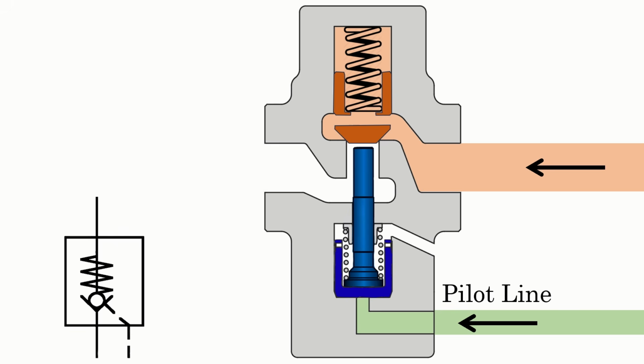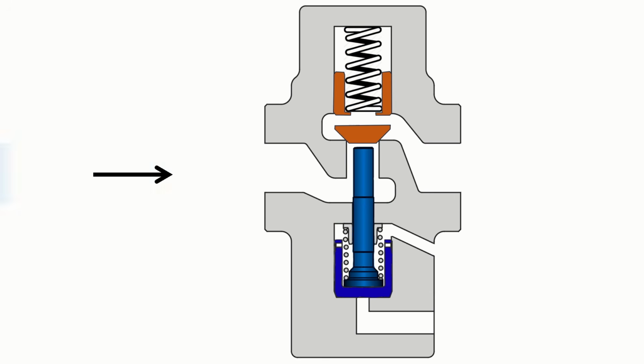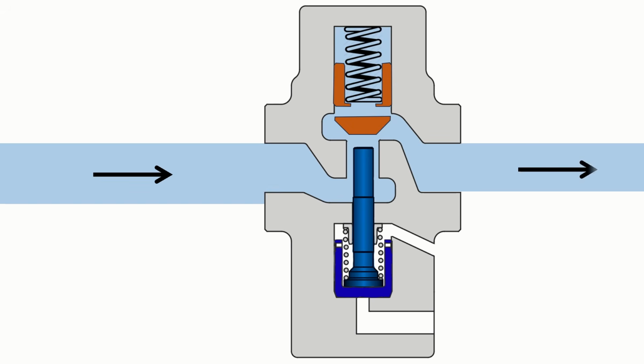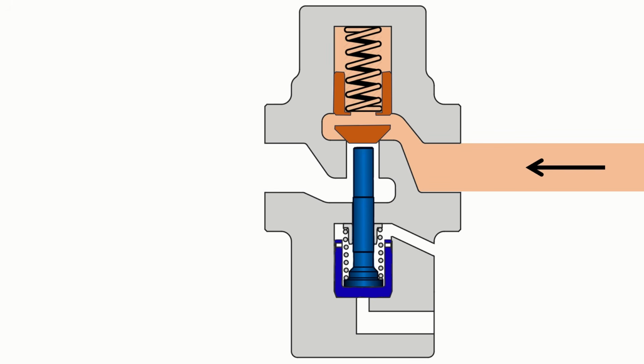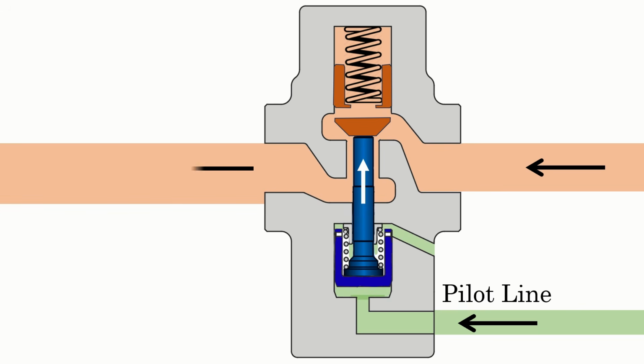This pilot pressure lifts the poppet against the spring force and allows the oil to pass in that direction. So its behavior becomes free flow in one direction and blocked flow in the opposite direction, but that blocked flow opens when the pilot signal is applied. And now let's see how we use this valve in a real hydraulic circuit.